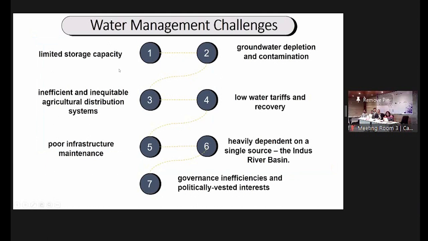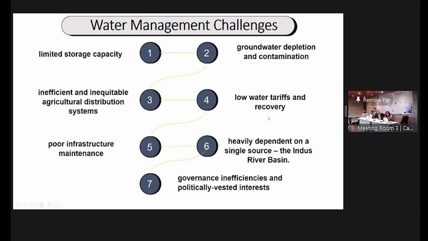The storage capacity is quite limited. There are groundwater issues. The groundwater is depleting day by day, and it's also contaminated due to industrial waste etc. Along with that, the distribution is not equitable and not that efficient.